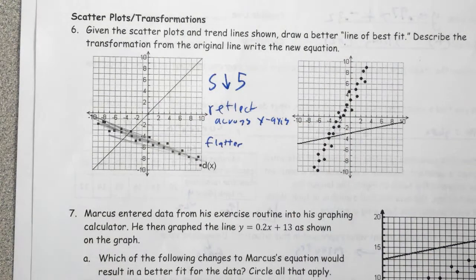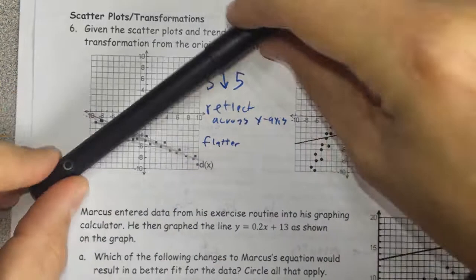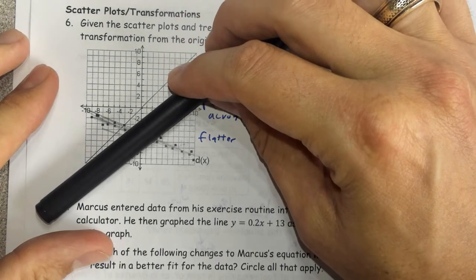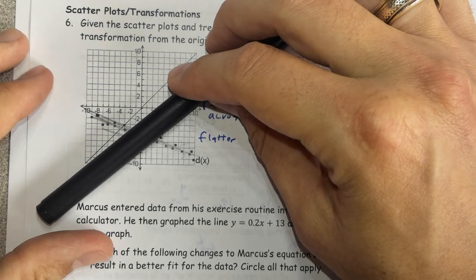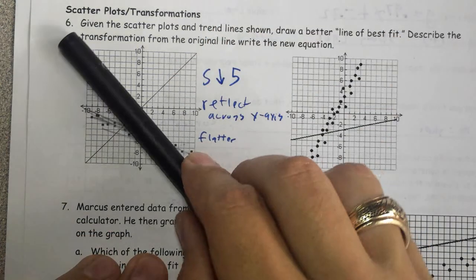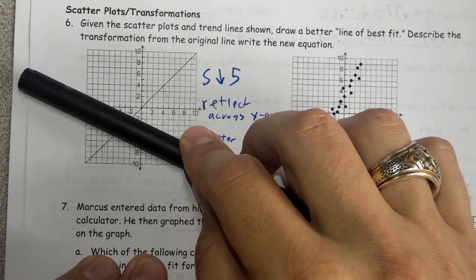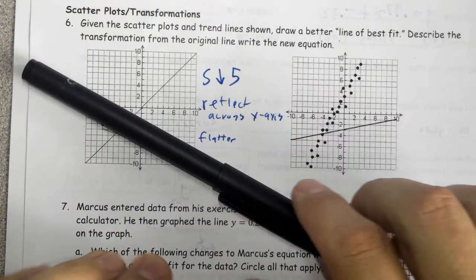Now what's going to happen with that is, here's the shift down. The y-intercept is decreasing, which is going to bring it here. When we reflect it, it's going to do that, and the flatter is going to make it less steep, and that'll line up over it.